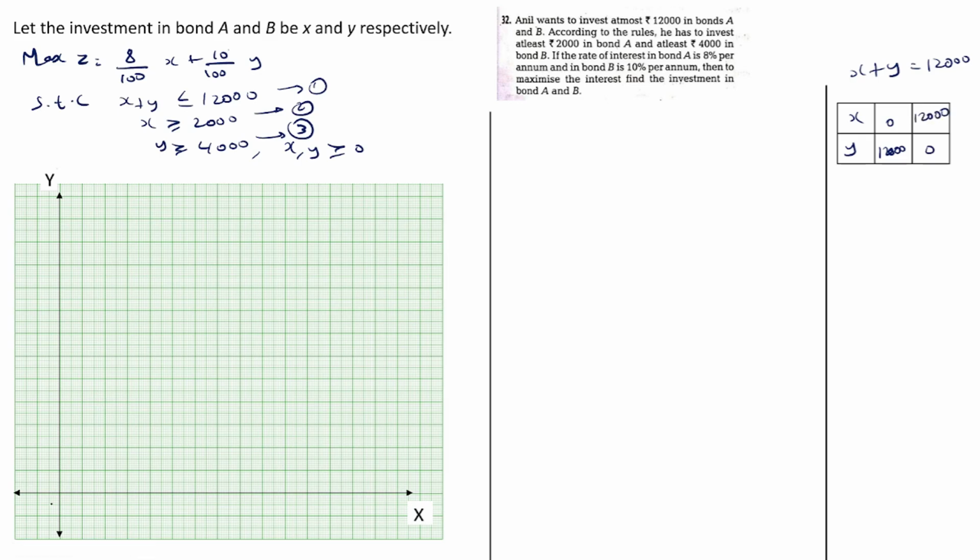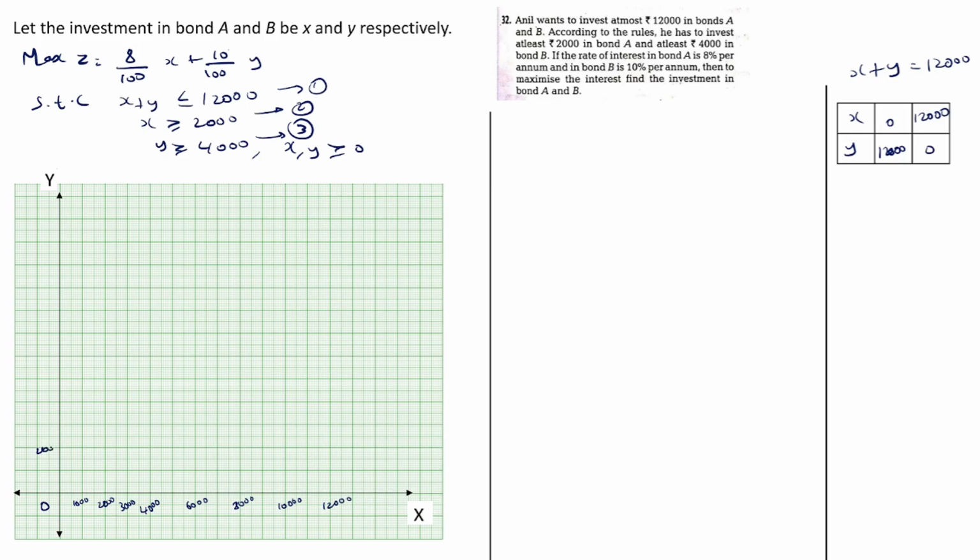So let us take a graph sheet, mark the x-axis, y-axis, and then let us take 1 centimeter equal to 1000 units. So it is 2,000, 4,000, 6,000, 8,000, 10,000, and then 12,000.